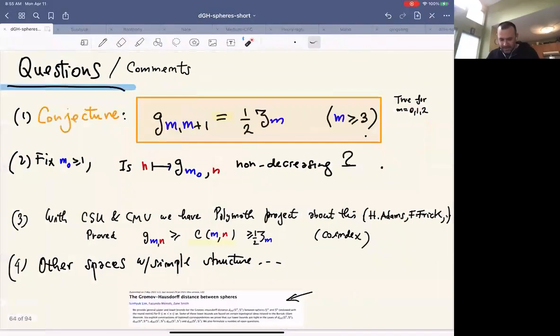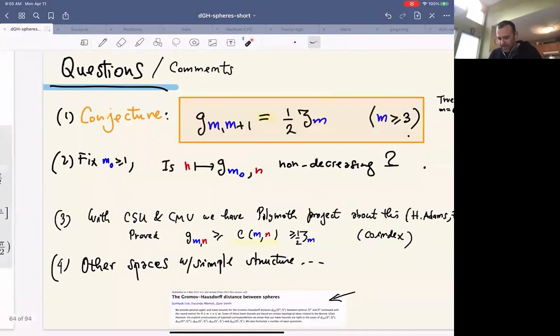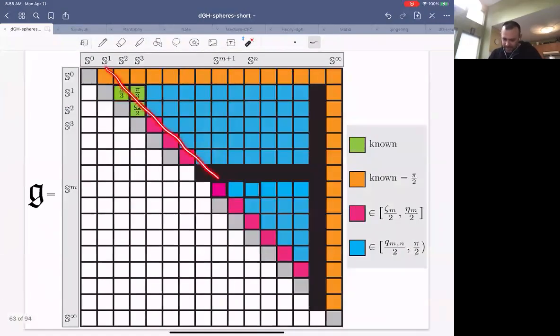And there are some questions motivated by some of the things we did manage to prove. The main conjecture we have is that, as a matter of fact, on this line here, on this principal diagonal, the values that really take place are these. And we know that to be true already for this one, this one, this one.